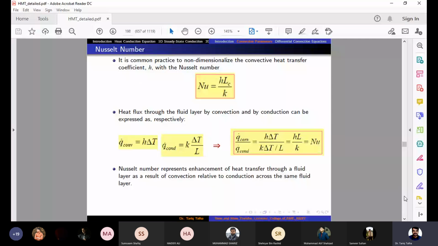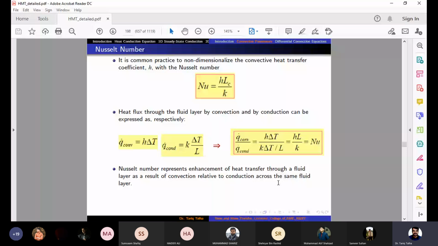So the Nusselt number represents the enhancement of heat transfer through a fluid layer as a result of convection. Convection means bulk motion of the fluid, relative to conduction. Conduction means heat transfer due to molecular collisions, which is also called diffusion, and convection is the bulk motion of the fluid.